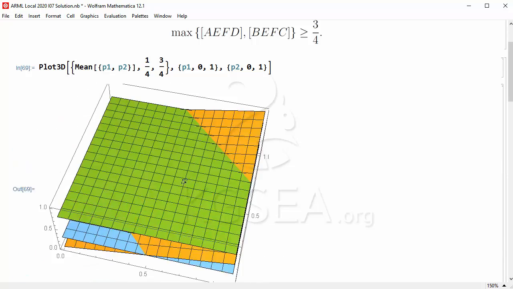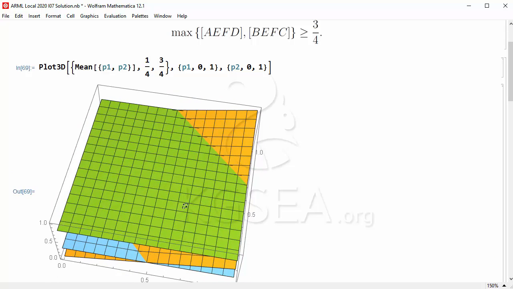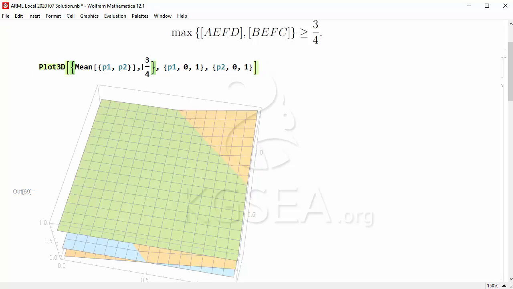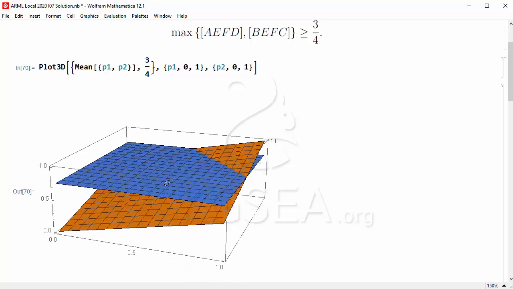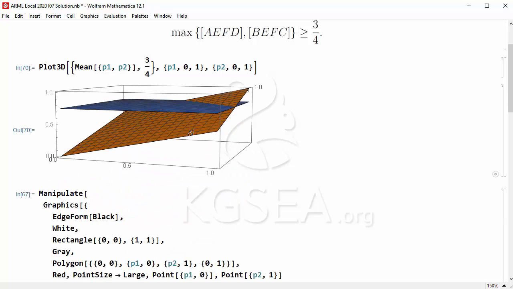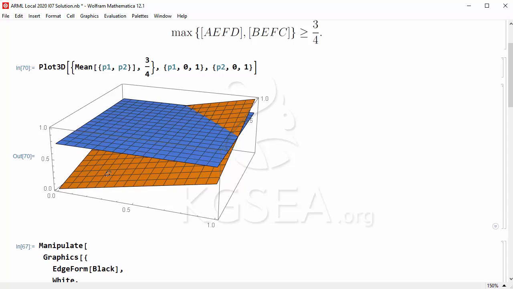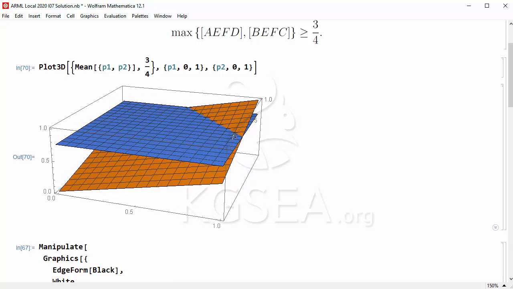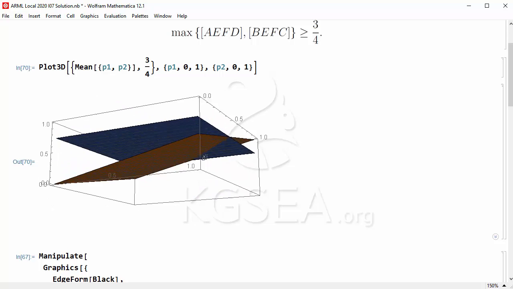So how big are those? This looks somewhat confusing, so I will just get rid of this one here and then plot this one. So that's the 3/4 here, and the slanted one is the area of the trapezoid. Okay, so we want to know when the trapezoid's area is bigger than 3/4. So where are those intersections is the question.